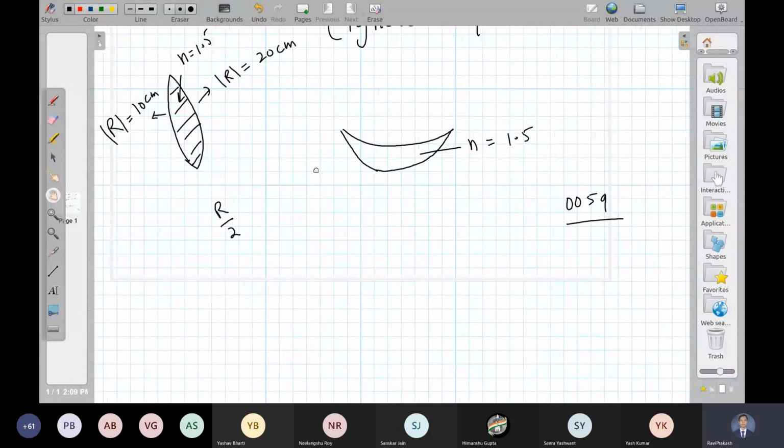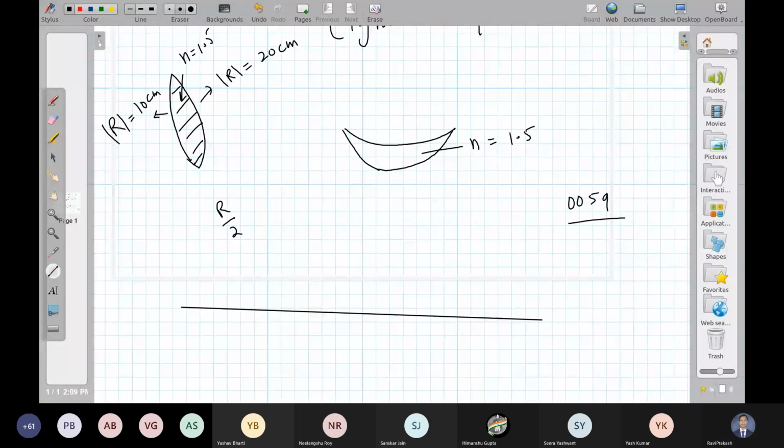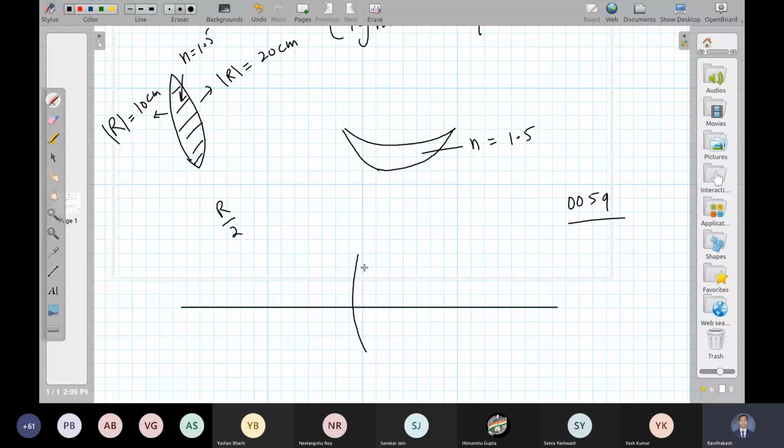So I have this question for you. I place this lens here. This side has curvature 10 centimeter. This side has curvature 20 centimeter. Some rays are coming from infinity.